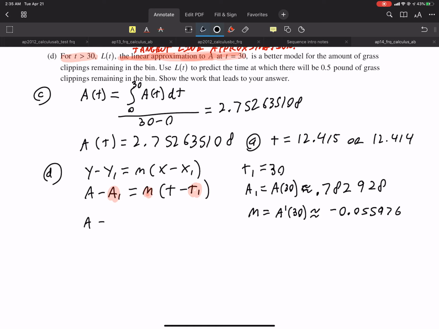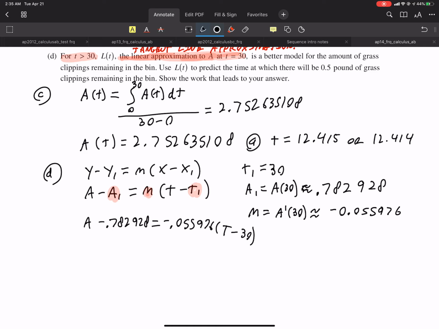Whoops, that's not a minus. A minus 0.782928 equals the slope, negative 0.055976, times t minus 30. I thought I messed up.